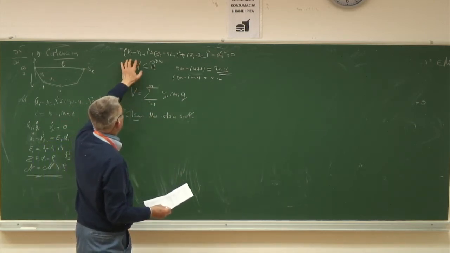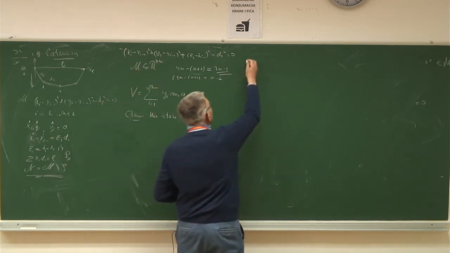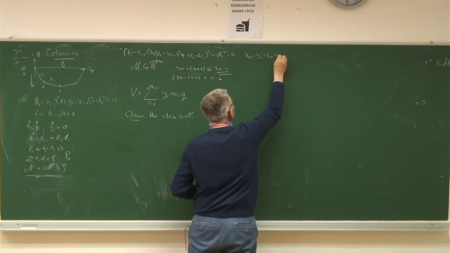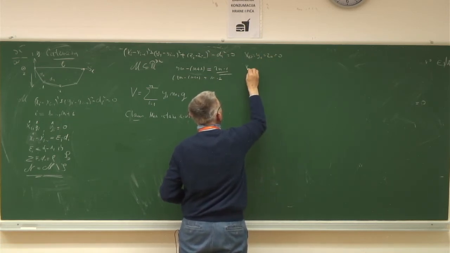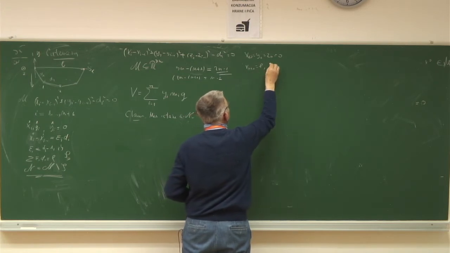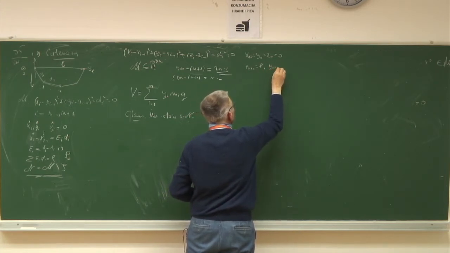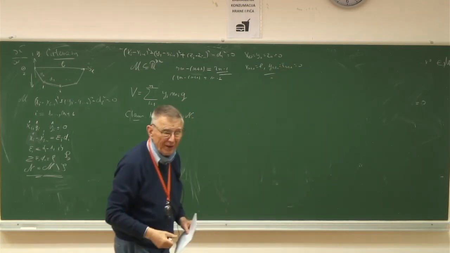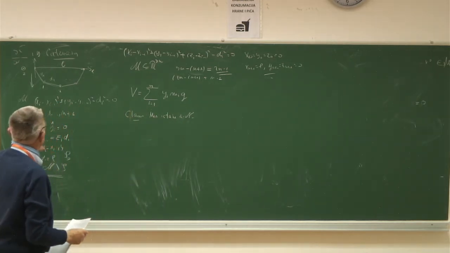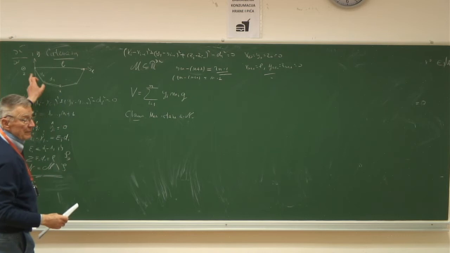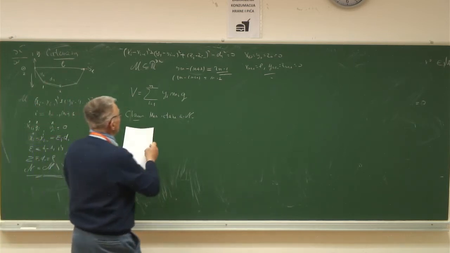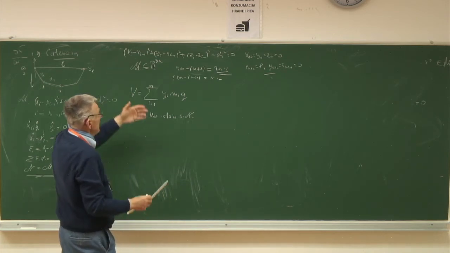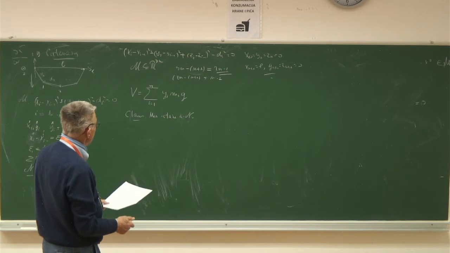Don't forget that these are the fixed points here. So taking these together, you see that the set of all points satisfying this is bounded and closed, so it's compact.